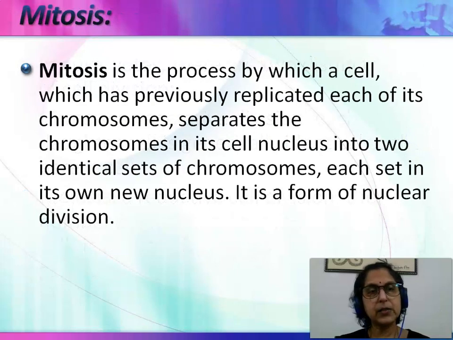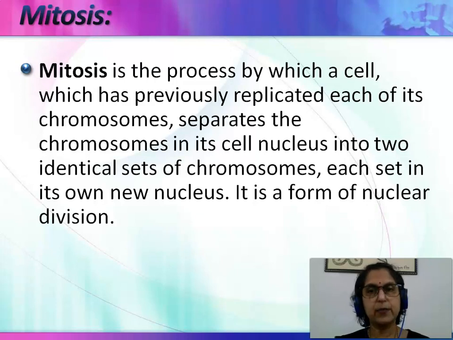Now, let us first see mitosis. Mitosis is the process by which a cell which has previously replicated each of its chromosomes, separates the chromosomes in its cell nucleus into two identical sets of chromosomes, each set in its own new nucleus.